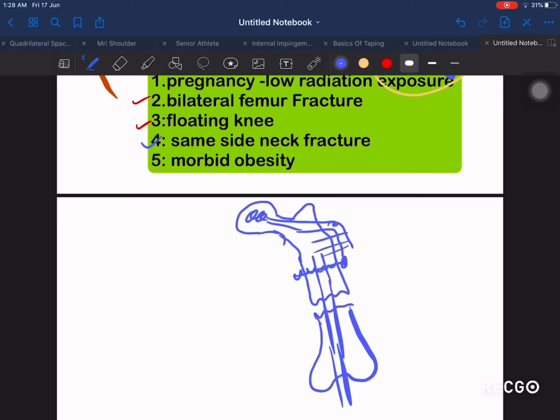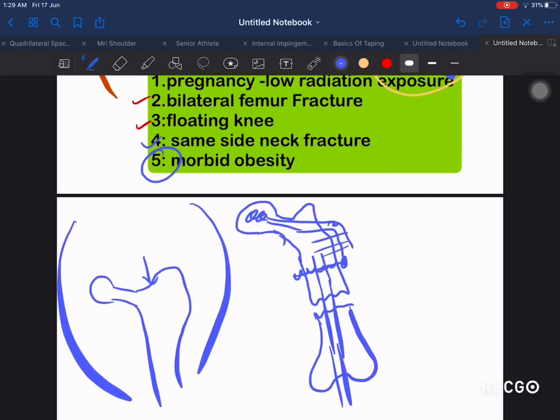And the last one is the morbid obesity. The thing with the morbid obesity is, when you put an antegrade femoral nail, to insert it we have to take an entry from this piriformis fossa, and there is a hell of a lot of hair. We have to incise over here, then we put an entry all over here to make an entry, then we get inside.